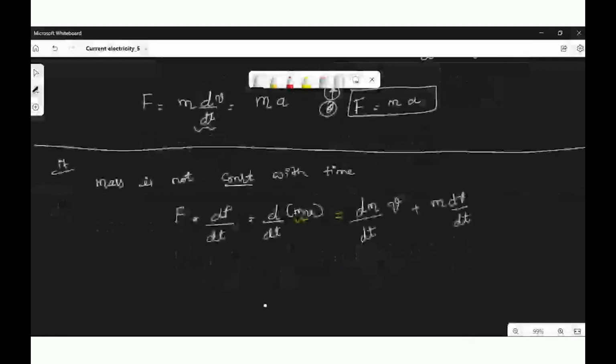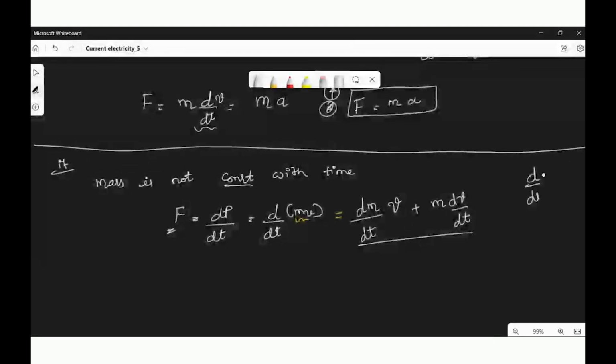So this is the actual form of the derivative of the force: dm by dt into v plus m into dv by dt. Now if mass is constant, we know that the differentiation of a constant is 0.